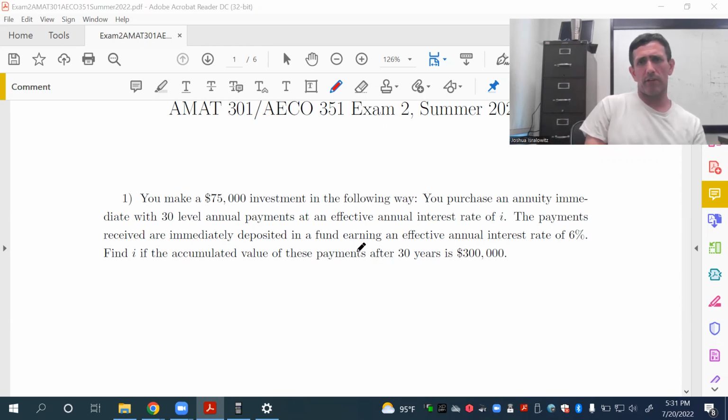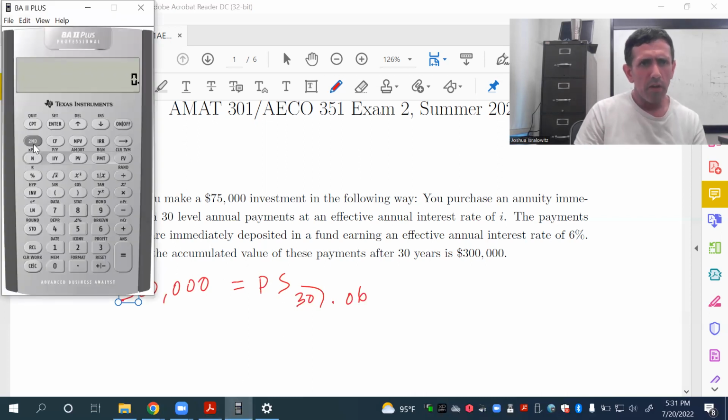So I need to find first what the payments are. That's pretty straightforward from the information I'm given. The accumulated value of these payments is 300,000, so just use the formula. Let's say P is the payments. I have 30 of them, and this account earns 6% interest.